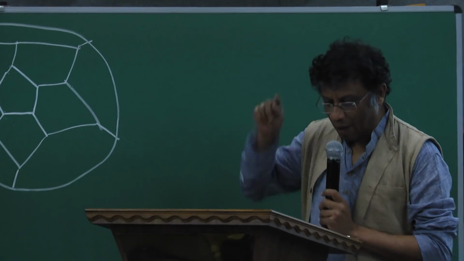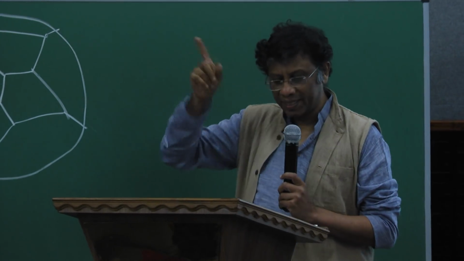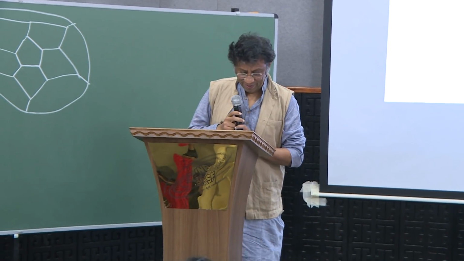I'll just read a couple more questions from upstairs before we come back. There's one question, I'm not very sure what exactly it means. Can different topological objects have different structural integrity? Is there a formula to calculate integrity based on topology? Do you want to try to parse that question?